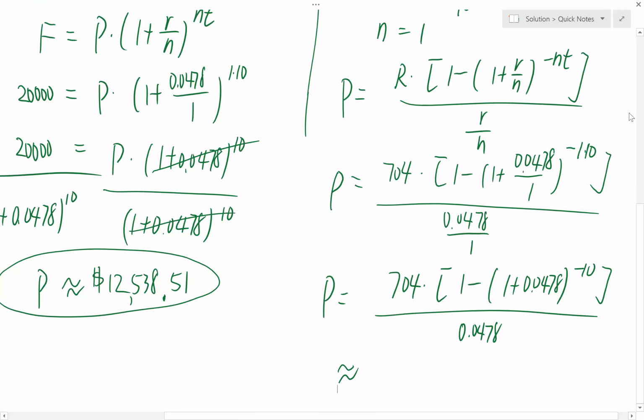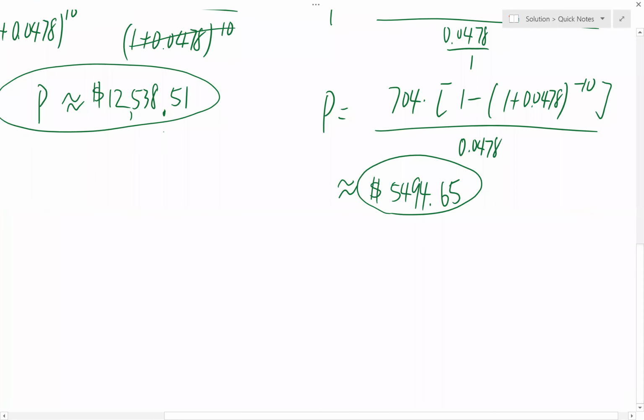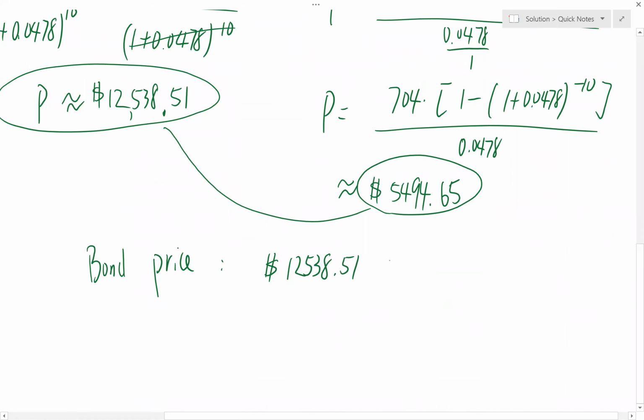Okay, so the total purchase price: combine those two sources of income, and that's how much you're willing to pay for the bond. Adding those two, the bond price should be equal to $12,538.51 plus $5,494.65.